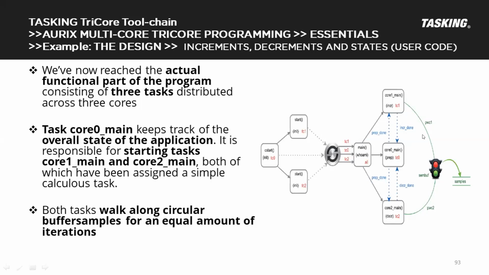And as I mentioned in the beginning, what task 1 does is increment certain buffer elements, and what task 2 does is decrement the same buffer. So at the end, you will end up with the same value as the initialized value for the samples.